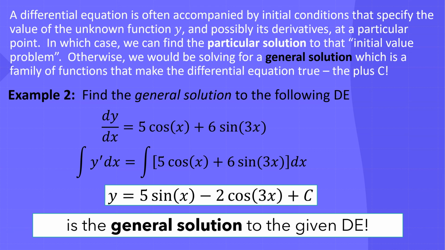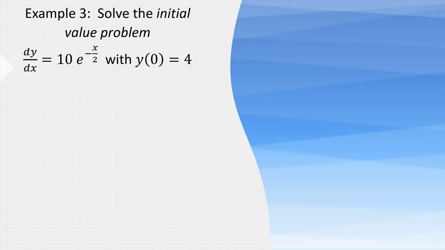Now, if we were given specific information about some particular point, then we can find out what c is. And that is what we call an initial value problem. For example, dy/dx is equal to 10 multiplied by e to the negative x over 2.